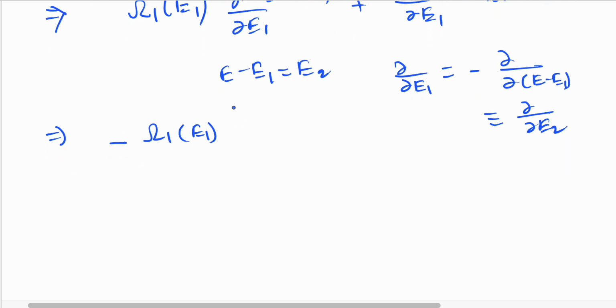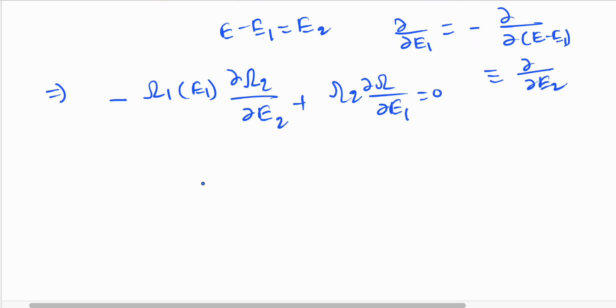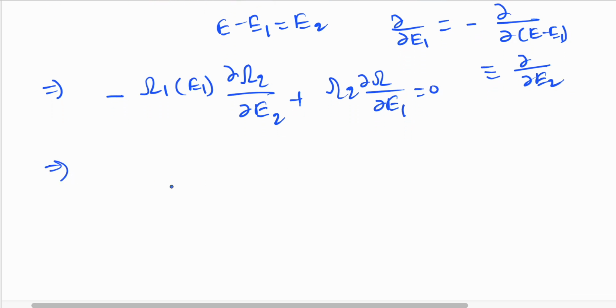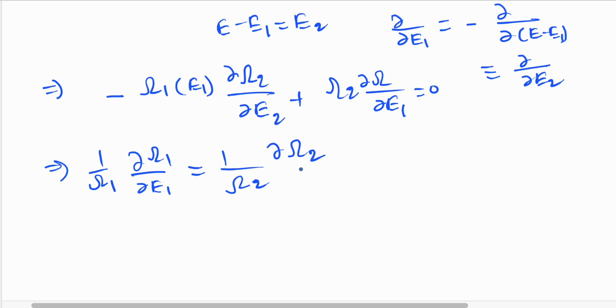So that means minus del omega 2 del E2 plus omega 2 del omega 1 del E1 is equal to 0. That means we get the form 1 by omega 1 del omega 1 del E1 is equal to 1 by omega 2 del omega 2 del E2.